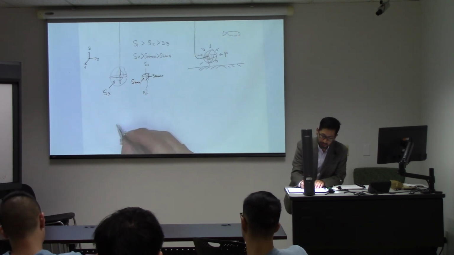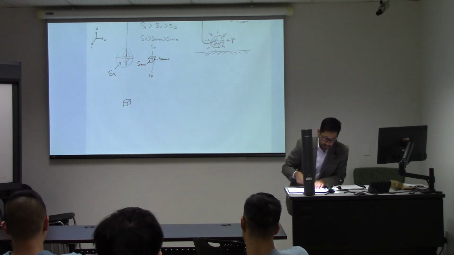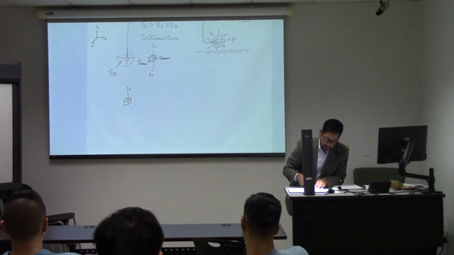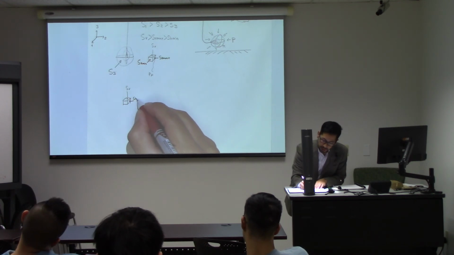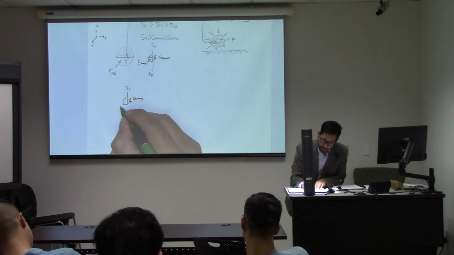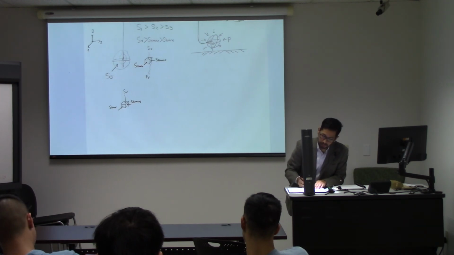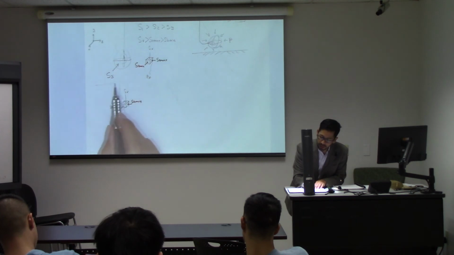But, for example, if now we have another case in which this one is SV, but now let's say SH min is coming in that direction, and I have SH max coming in that direction, and let's change things.